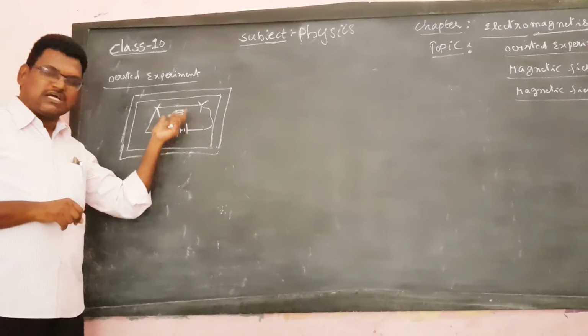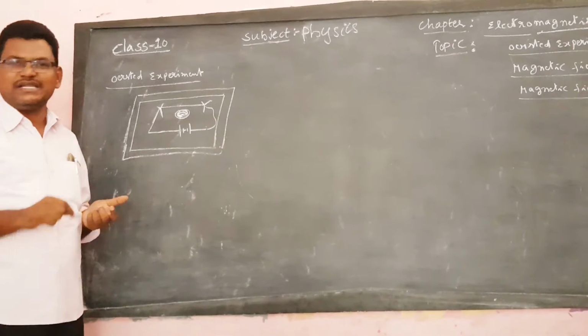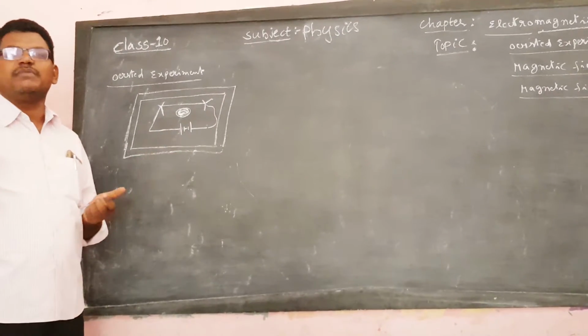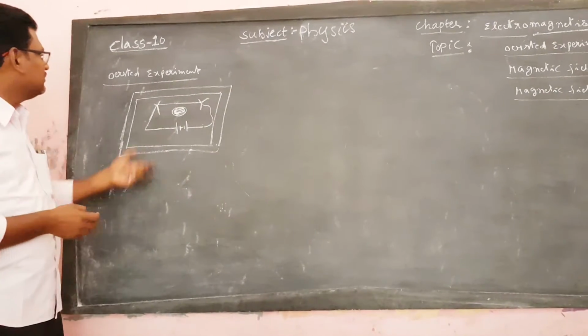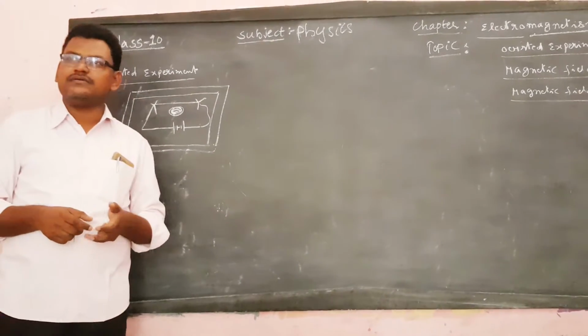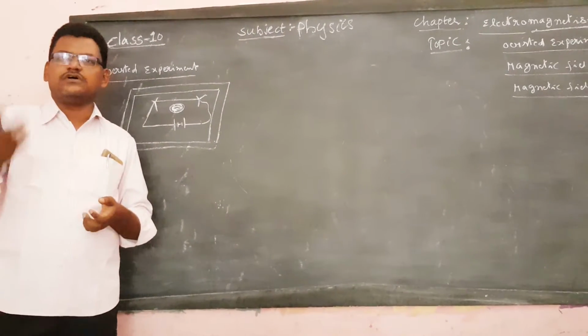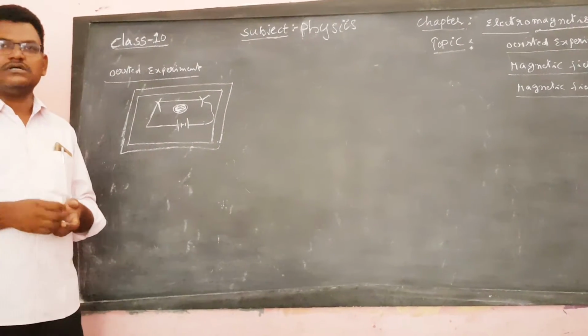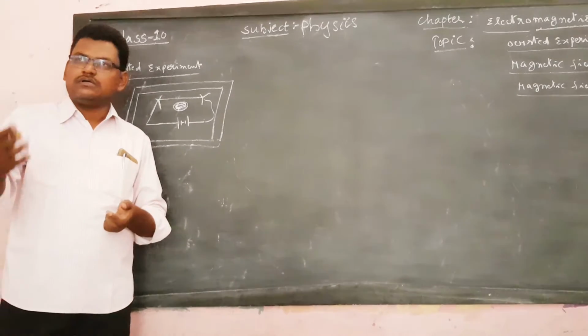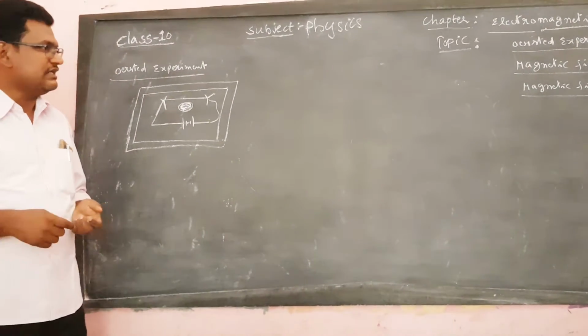So that concludes that the flow of current is producing a magnetic field. This is the Oersted experiment. This led to the invention of more devices like the dynamo, electric motor, etc.